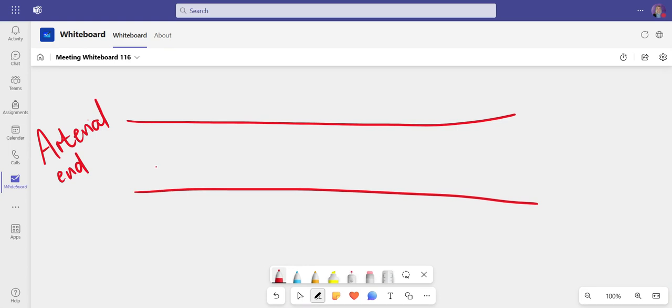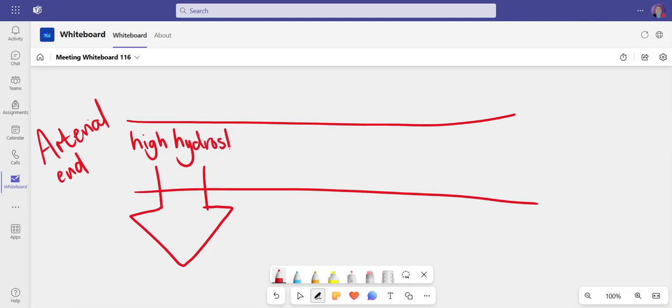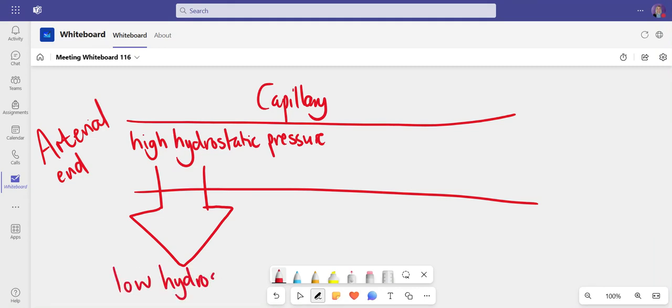What you would see is a really large hydrostatic pressure pushing the blood out, because you've got high hydrostatic pressure in the capillary, with a lot of volume of liquid in there, and you've got a low hydrostatic pressure outside the capillary where the tissue fluid is.